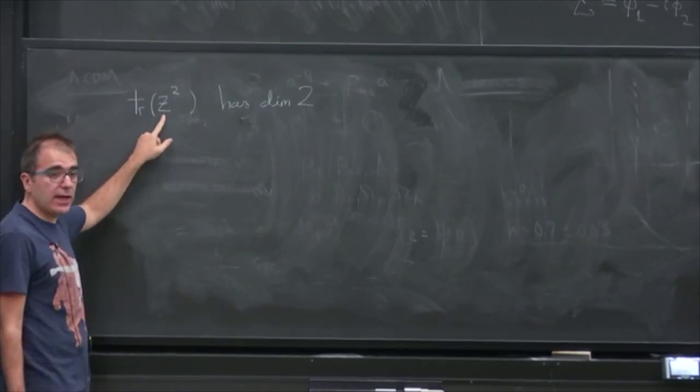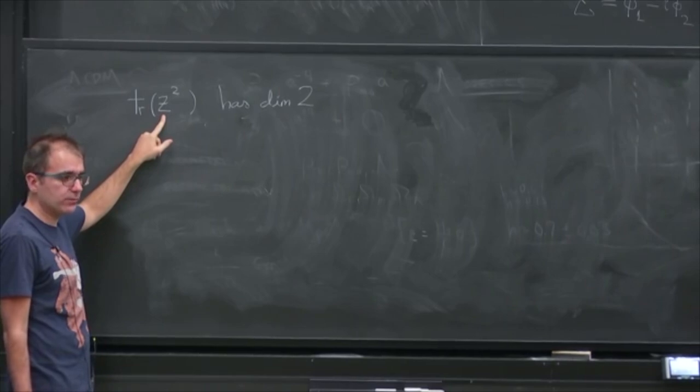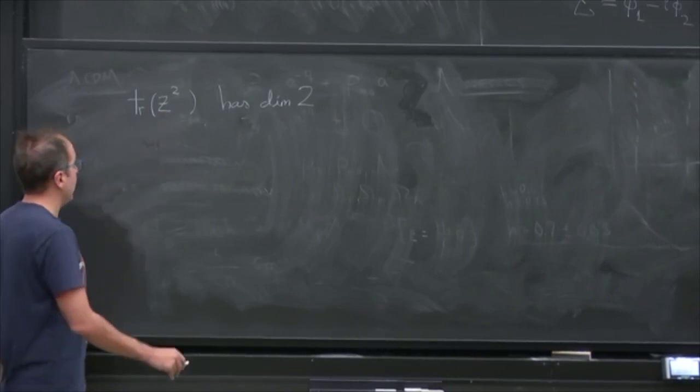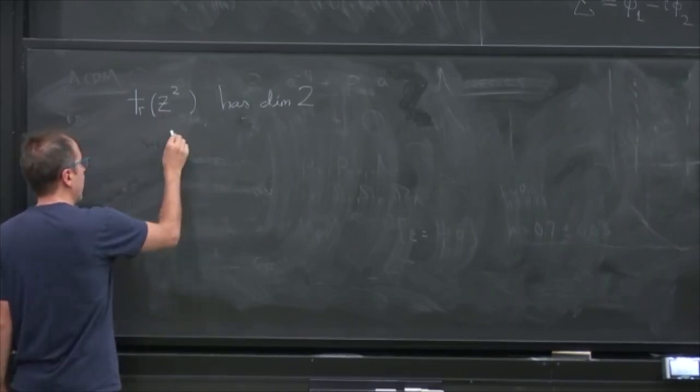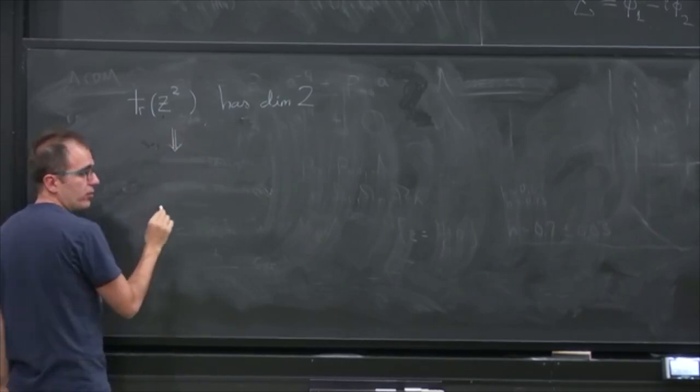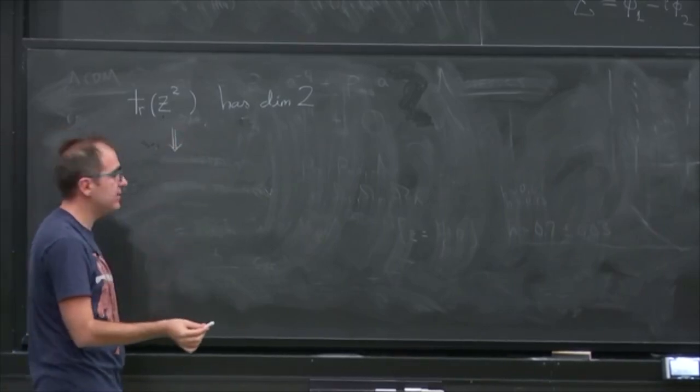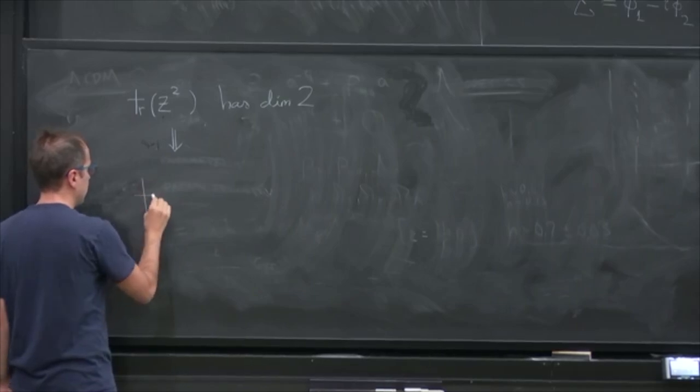So in particular, this guy is one example. It has R charge 2 and dimension 2, so this stays with dimension 2. And this implies that the following one that I'm going to write, which looks totally different, also has dimension 2. So let's write it.